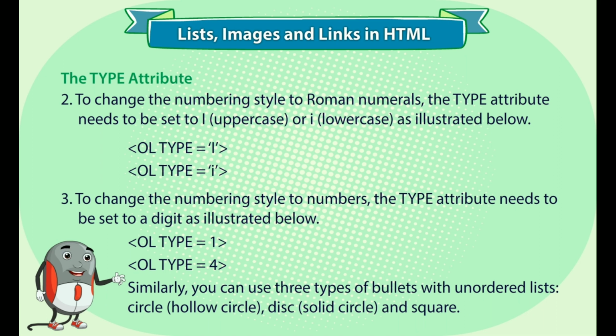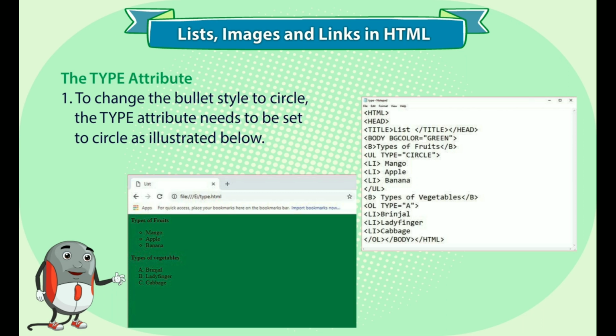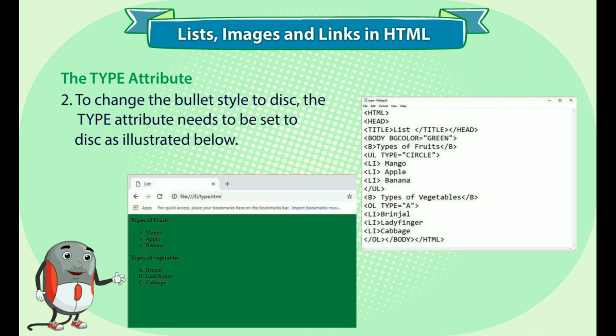Similarly, you can use three types of bullets with unordered lists: circle, hollow circle; disk, solid circle; and square. 1. To change the bullet style to circle, the type attribute needs to be set to circle as illustrated below. UL type equals circle. 2.